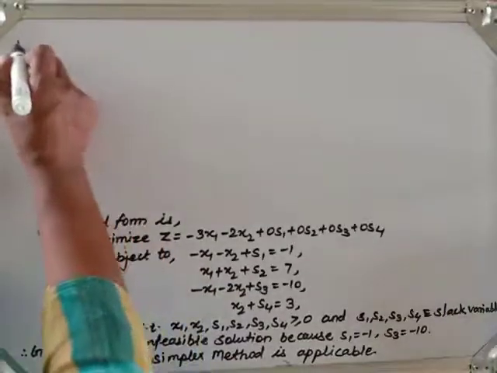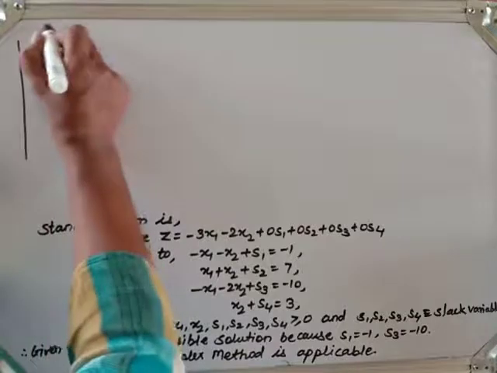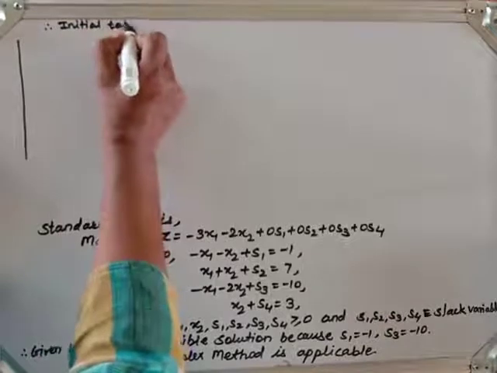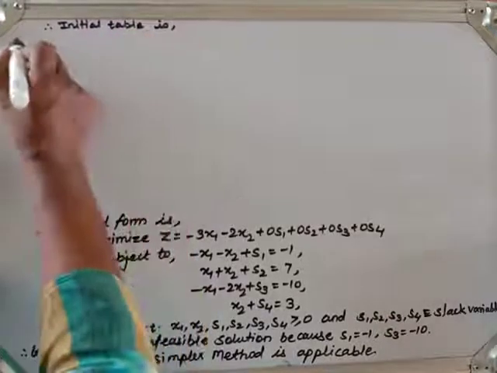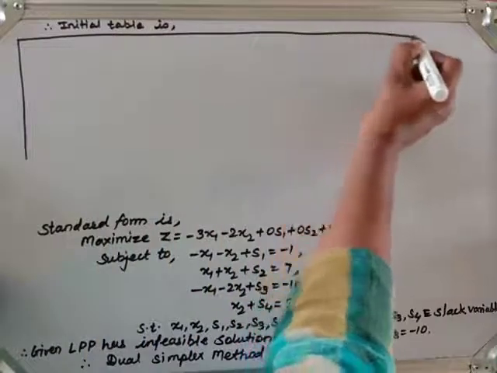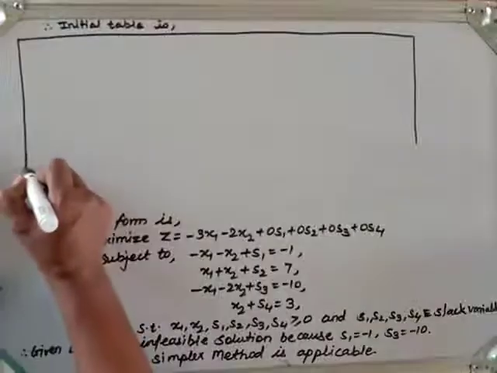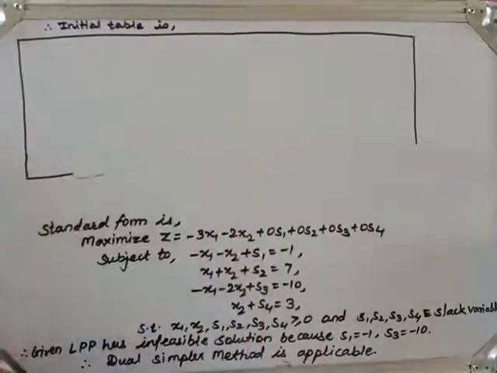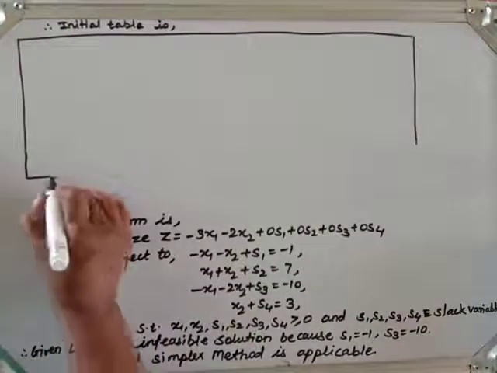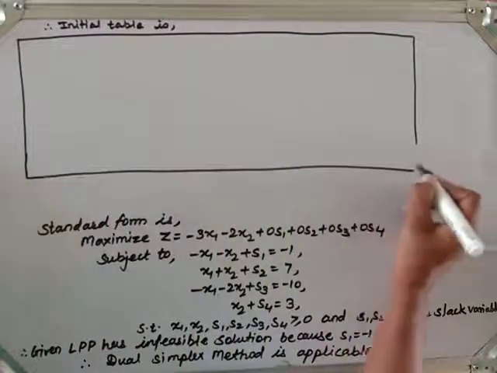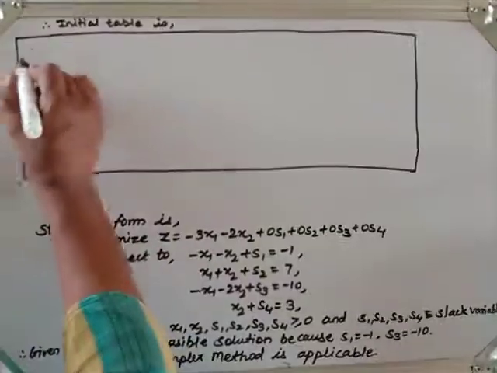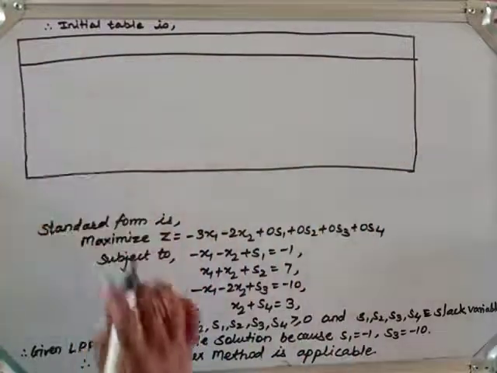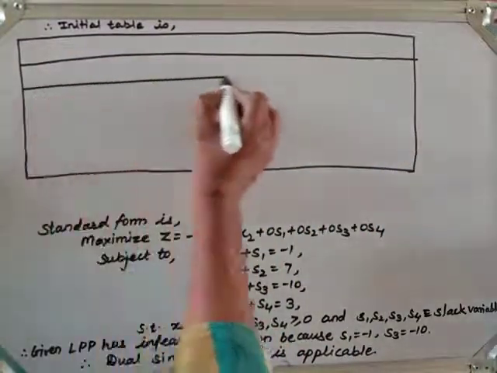So now I am preparing a table. Therefore the initial simplex table is as follows. It is slightly different from the previous tables, so let me form it so that you will get it. Here we have 4 constraints, so 4 rows are required.